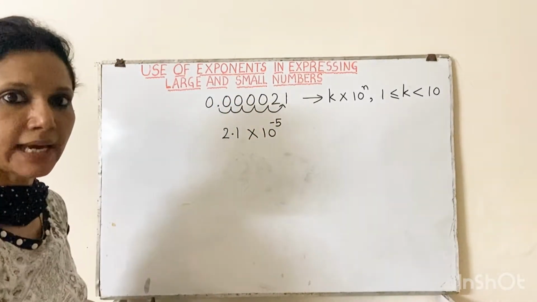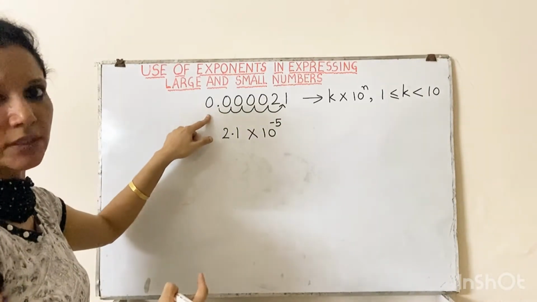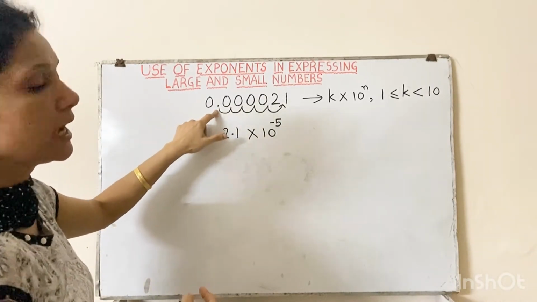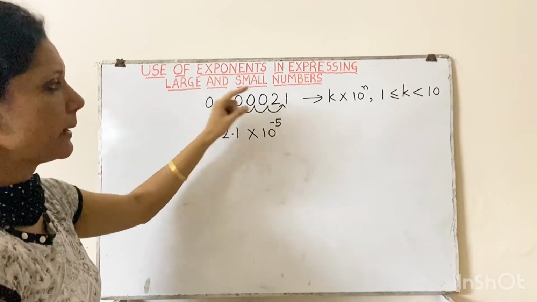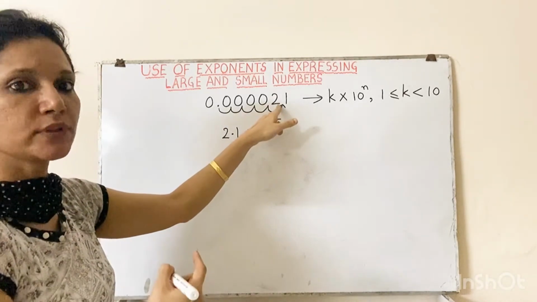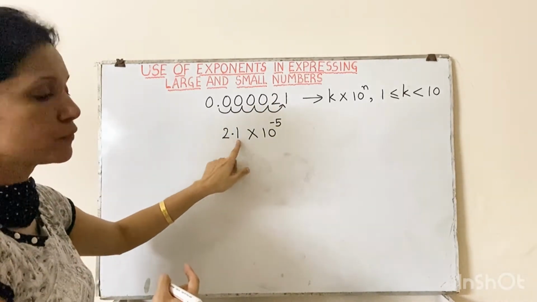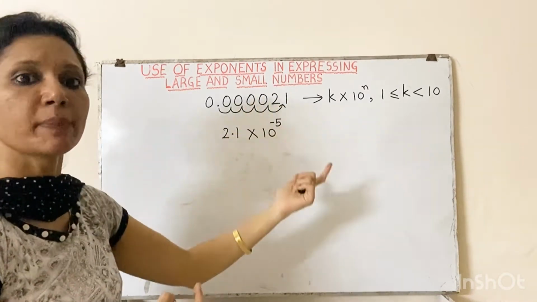Fine. Again, I will repeat. First of all, you have to decide where to put the decimal. You have to put the decimal after the first non-zero digit from the left, which is 2. So your number would become 2.1 and then multiply by 10 raised to the power something.